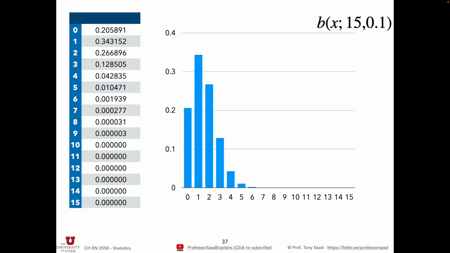And 0 successes, 1 success, that is 0 defective batteries, 1 defective, 2 defectives, and so on. What we're asking is, what is the sum of these 3 bars? What is the probability of getting no more than 2 defectives? We can highlight it like this, okay? So this would be the probability of getting no more than 2 defective batteries.